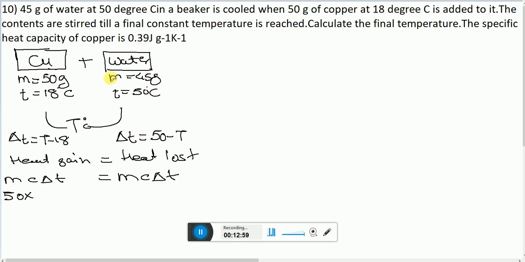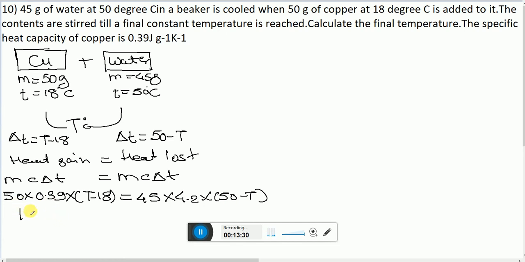Specific capacity is mentioned as 0.39, and temperature difference as we spoke is T minus 18. For water, mass is 45. Specific capacity is 4.2 and 50 minus T.